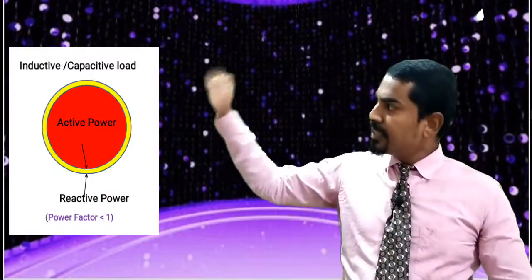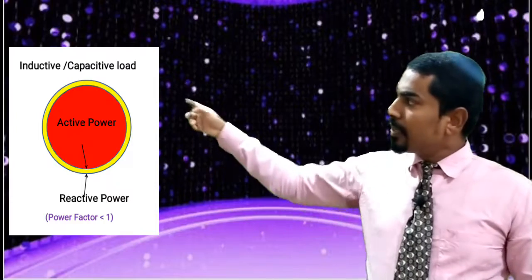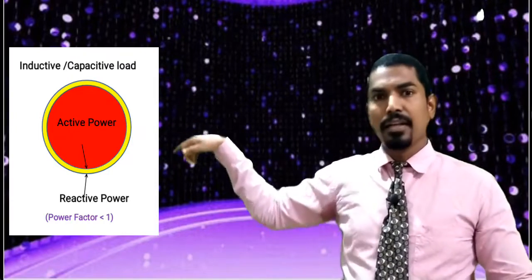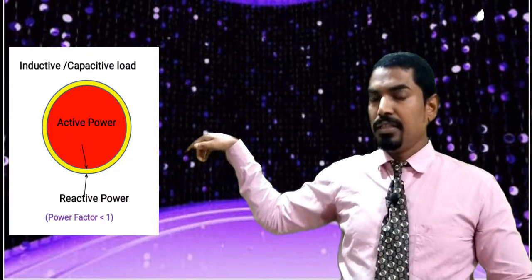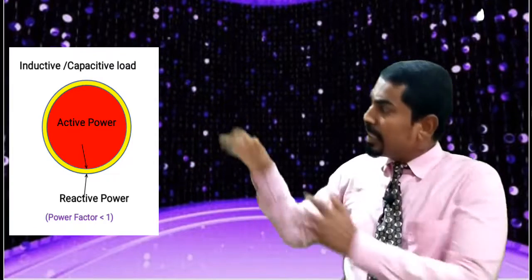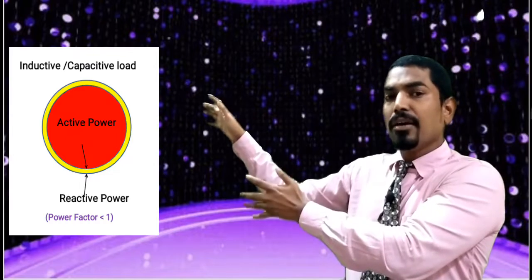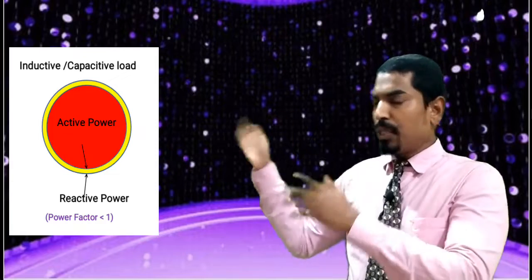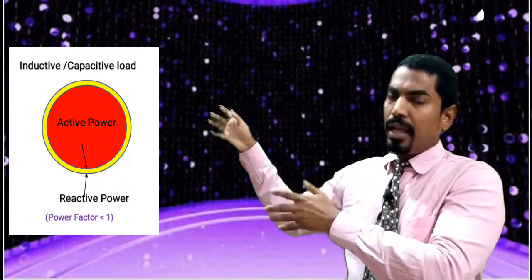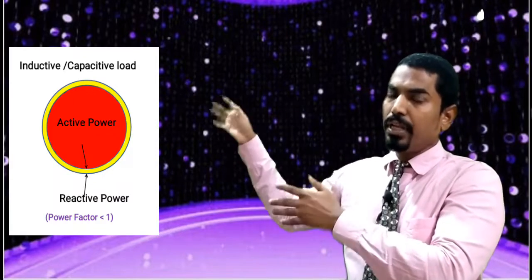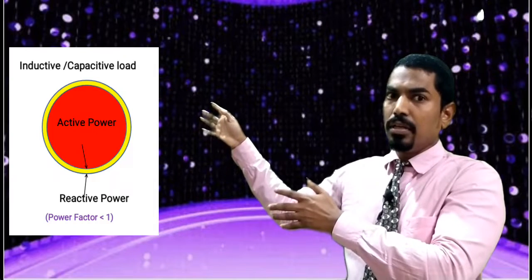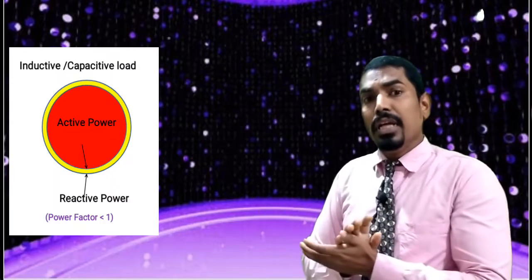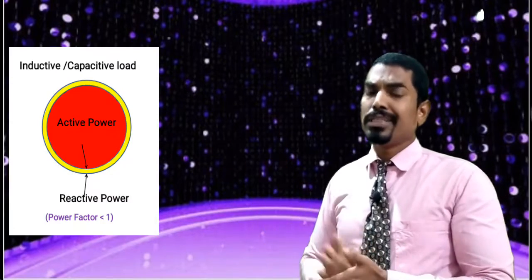Whereas in the second circle you can see the red portion is the active power and the yellow portion is the reactive power. This happens in case of inductive and capacitive load. Because of the magnetic field and electrostatic field in inductive and capacitive loads, active power is never going to be equal to the total power in the system.